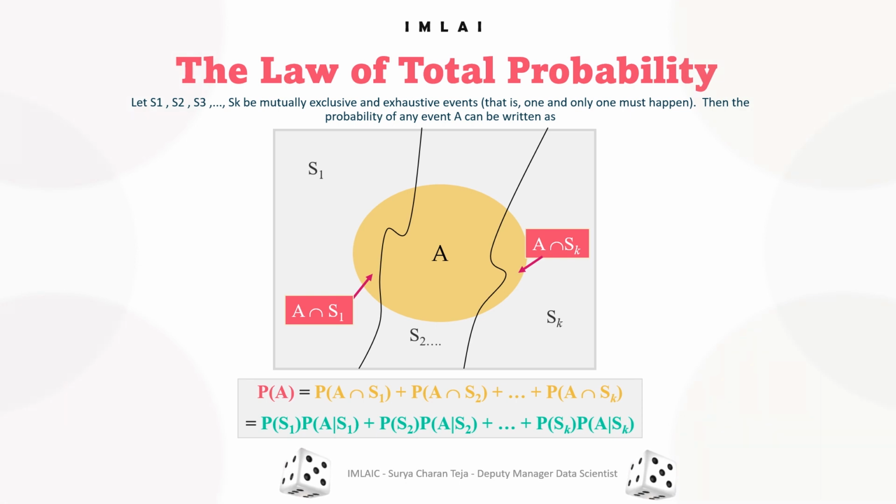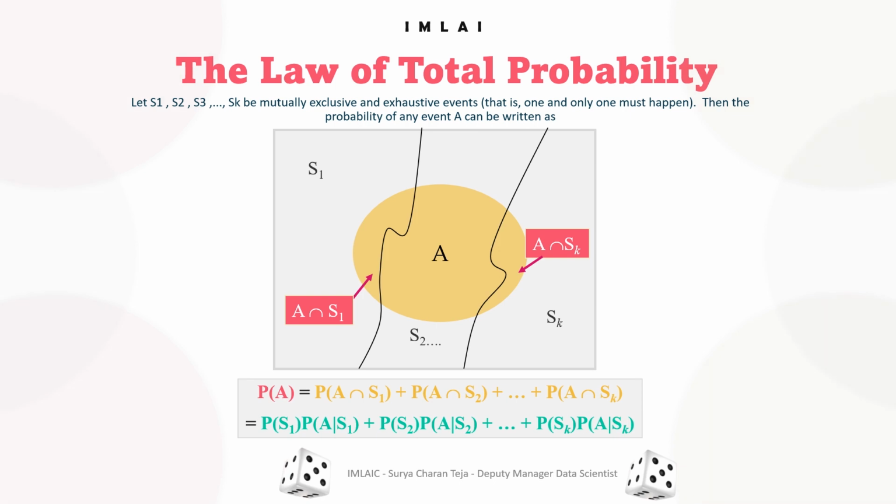It's often used when the probability of an event is difficult to compute directly, but the probability of that event given certain conditions is known. This is when we use it.